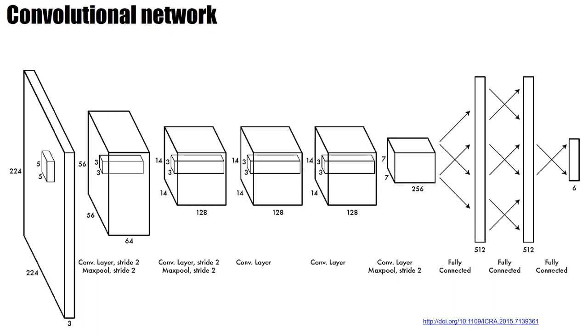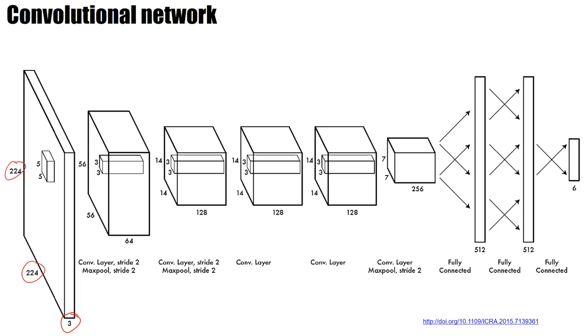So here is now again a standard deep convolutional network. You now know how to read this. So we start off with color images indicated by the little 3 here. 224 times 224, well, that's a small sized input image.